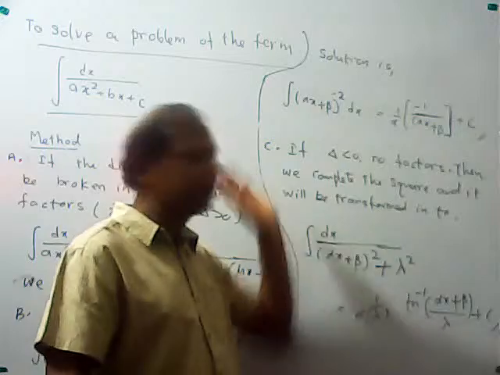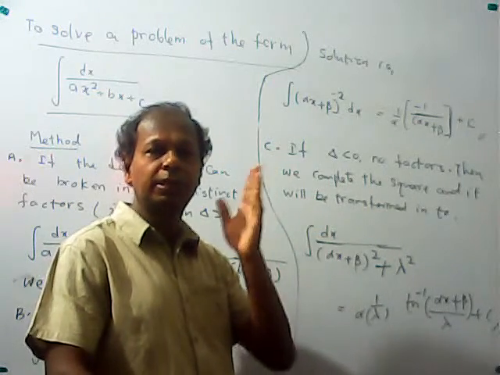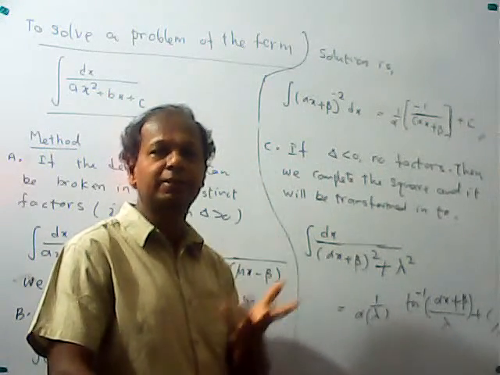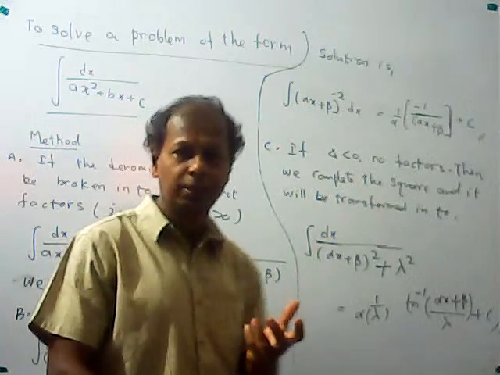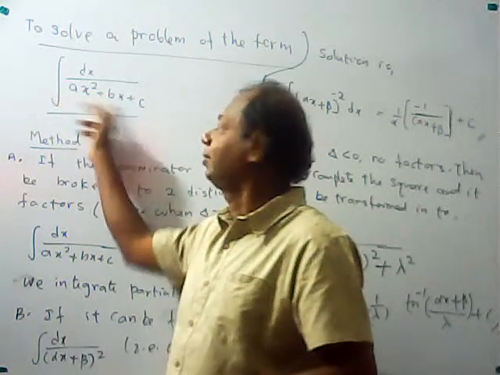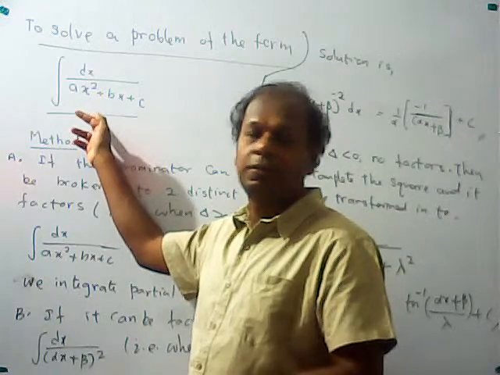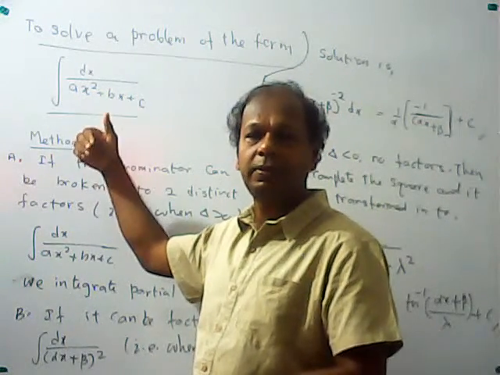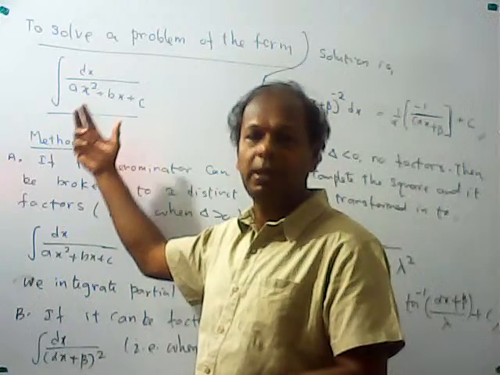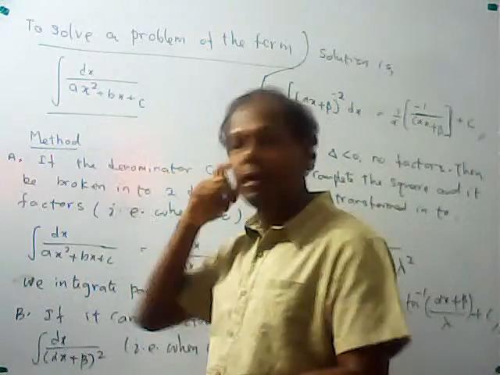So whatever the case, delta greater than 0, equal to 0, or less than 0, we have a method to solve the problem. That means whatever this quadratic, we can integrate it. Whether delta is greater than 0, equal to 0, or less than 0, for any such function, we have a method, right?